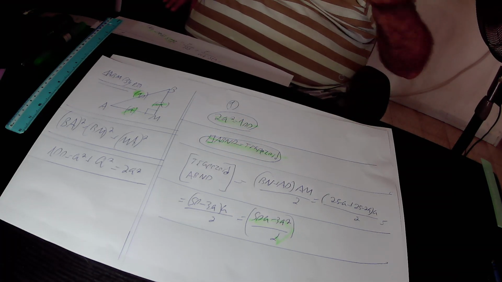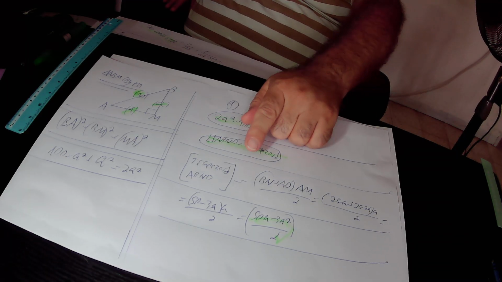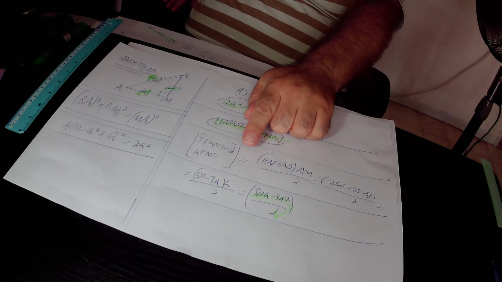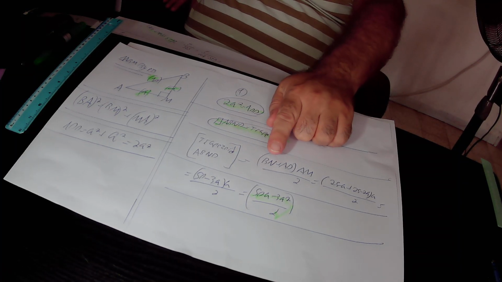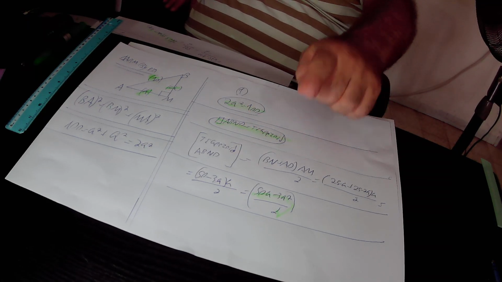So in total, we found out that the area of trapezoid ABND equals 50 minus 3a times a over 2. Here we open the brackets and find that 50 times a is 50a, minus 3a times a is minus 3a squared, over 2.